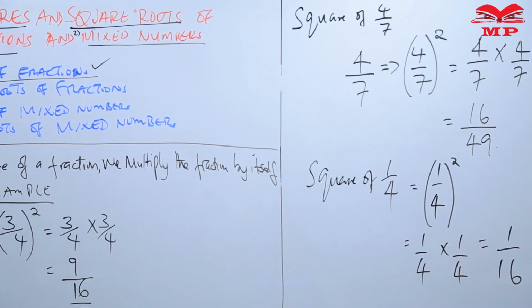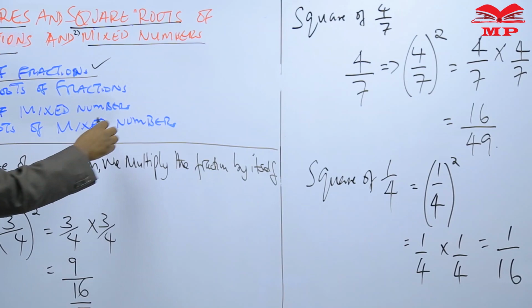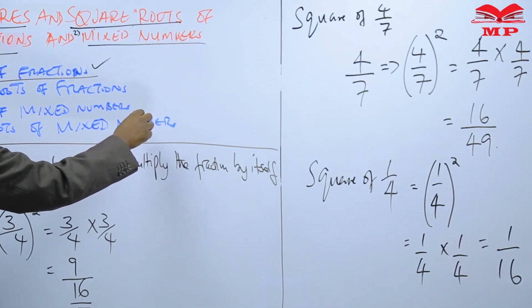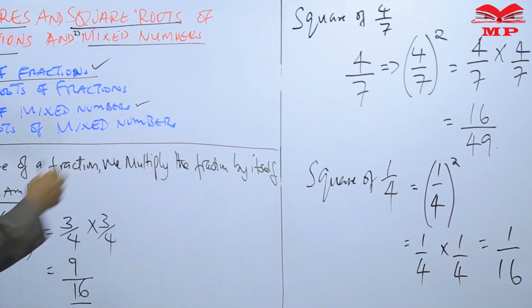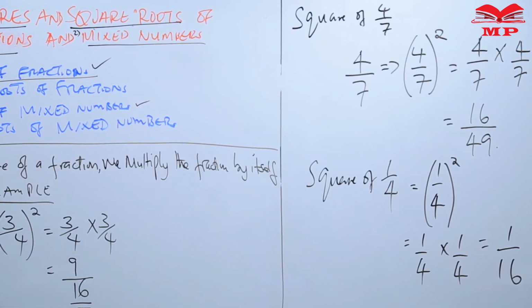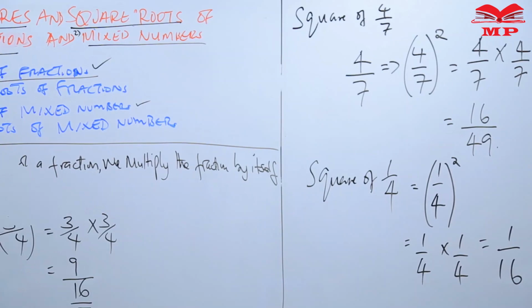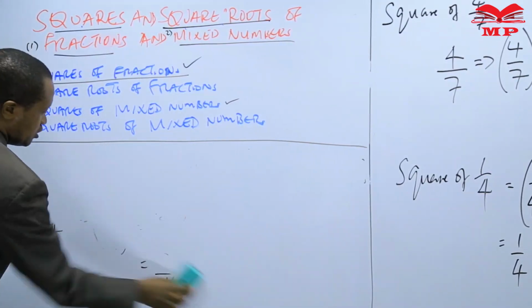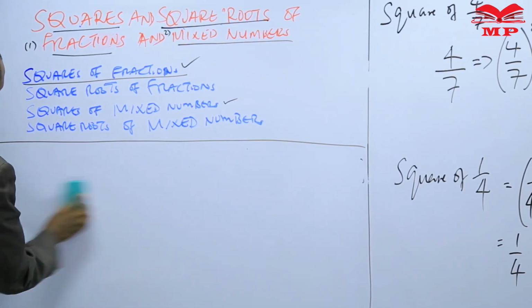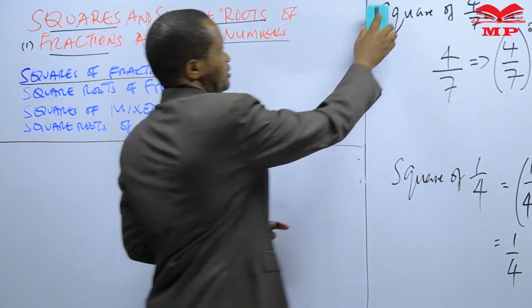We'll now move on to the square of a mixed number. How do you find the square of a mixed number?